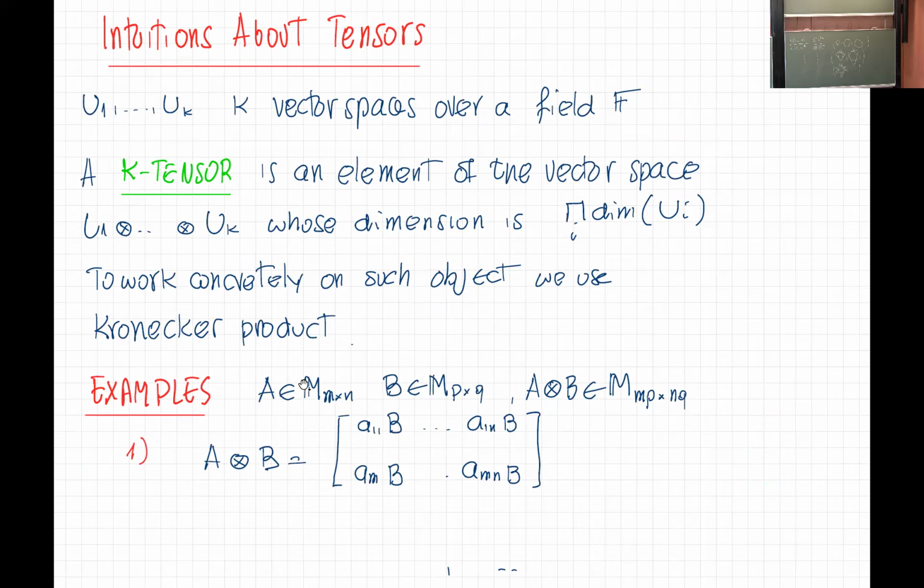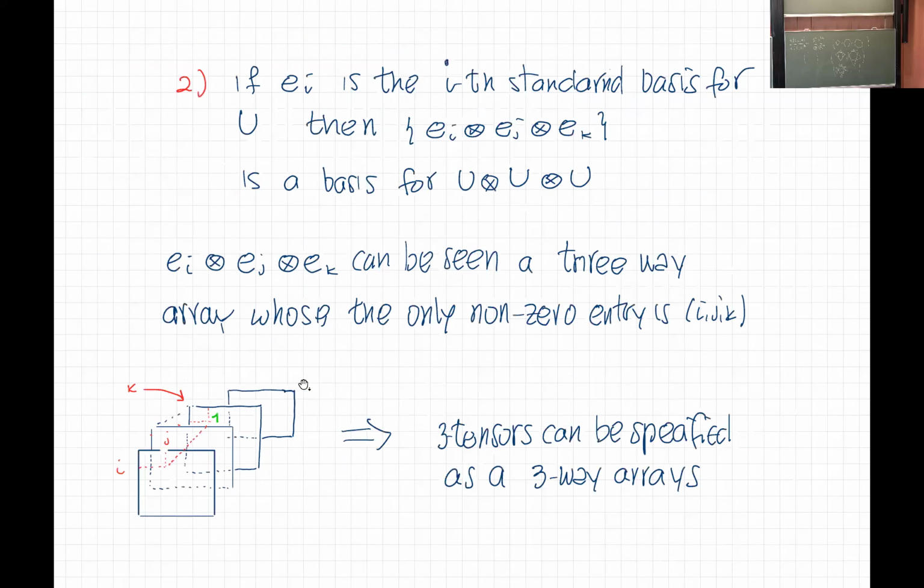A k-tensor: you have, for example, k vector spaces over some field, and then a k-tensor is just an element of the tensor product of these vector spaces, which is itself another vector space whose dimension is the product of these. So for example, if you look at vector spaces of matrices, and you have one matrix A in this space and another in this space, the tensor product of A and B is a matrix of this order, formed in this way.